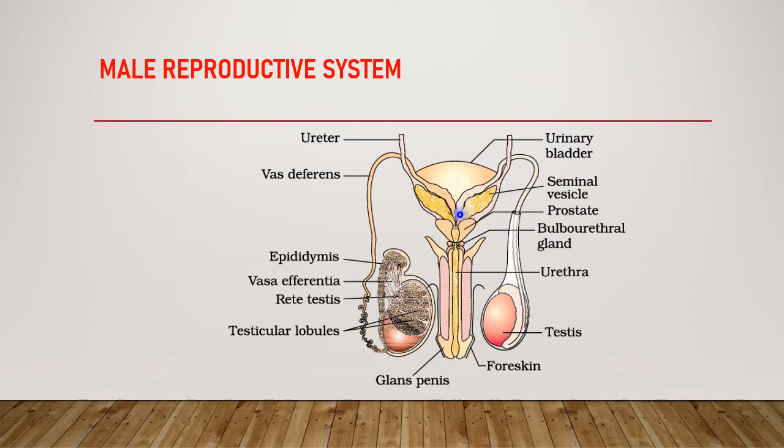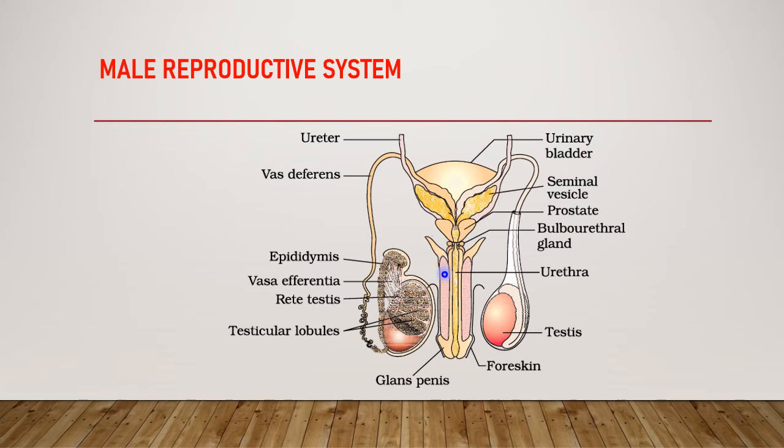Next, the urethra on its lower side is also called the urinogenital duct, because it will carry urine as well as the sperm along with it. Next, one more is the ejaculatory duct. That's what I have explained to you. Next is the urethra.